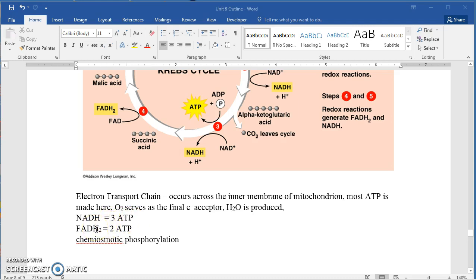FADHs enter a little bit lower on this chemical reaction chain, and therefore they don't have as much energy. For every FADH that's broken down, enough energy will be released to produce 2 ATPs.